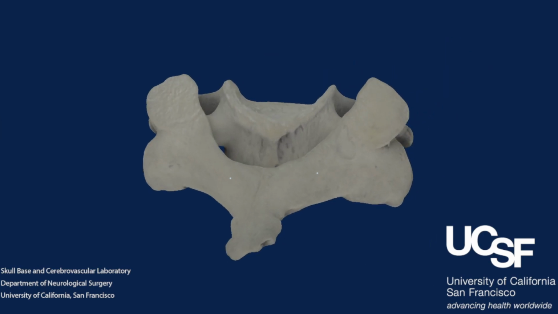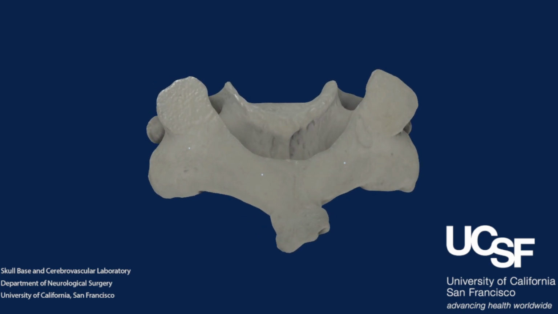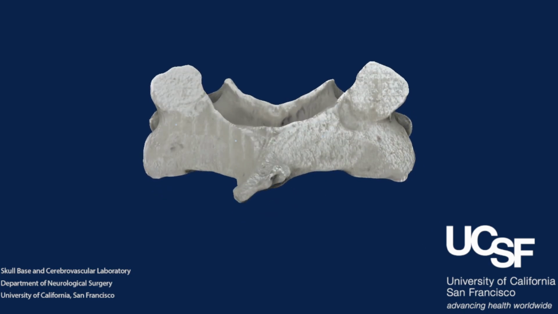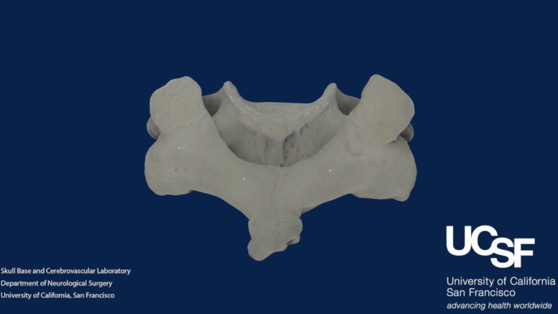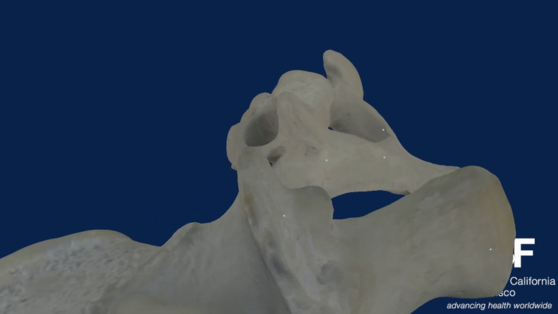And from superior to inferior, there's going to be a structure called the pars articularis, which is going to be connecting both the superior and inferior articular process, and it's going to be just posterior to the pedicle.